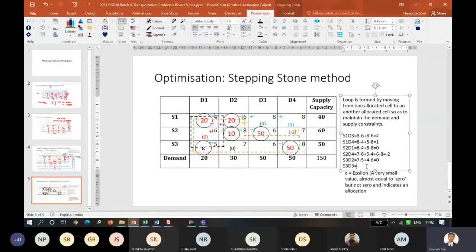I will assume an allocation here. So I will move to this cell.